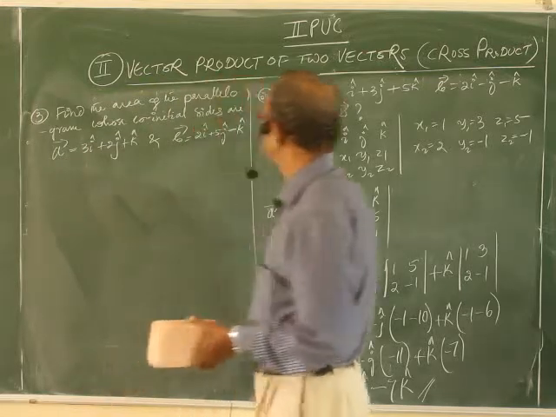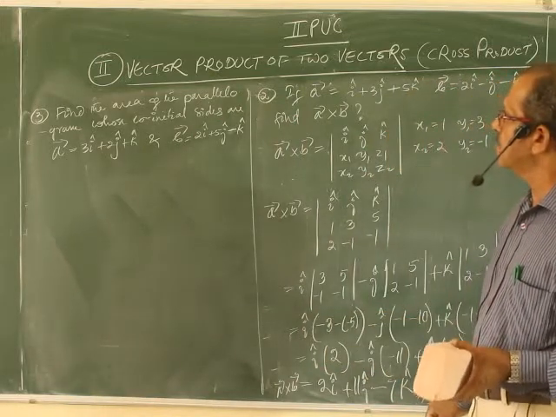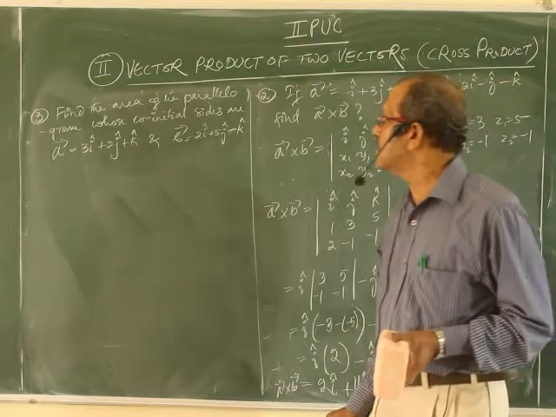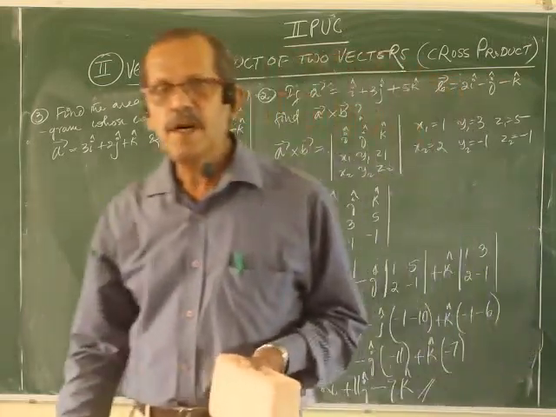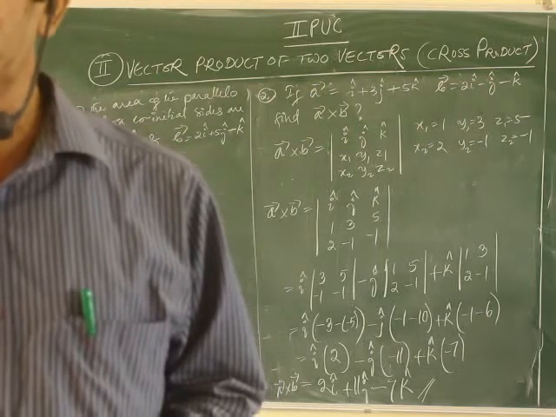Okay. Find the area of the parallelogram whose co-initial sides are these. You evaluate using the formula over here.